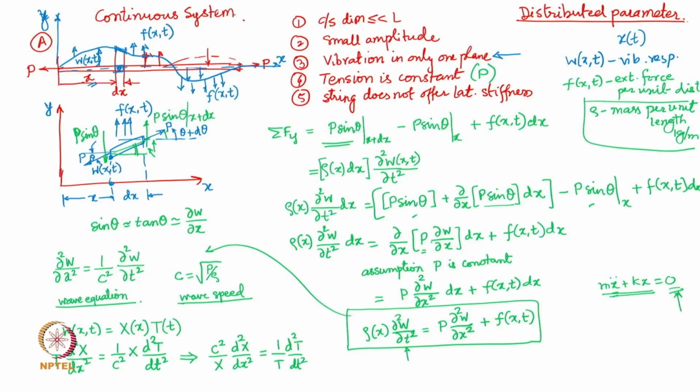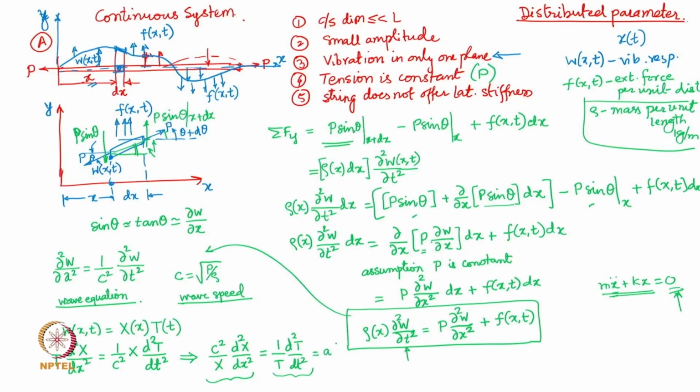Now you may notice that the left hand side of this equation is only a function of x, because capital X is a function of x, whereas on the right hand side you have a term which is completely a function of time. So when these two functions are equal, we know that individually they are equal to a constant. I can write this constant as a, and now start from here.